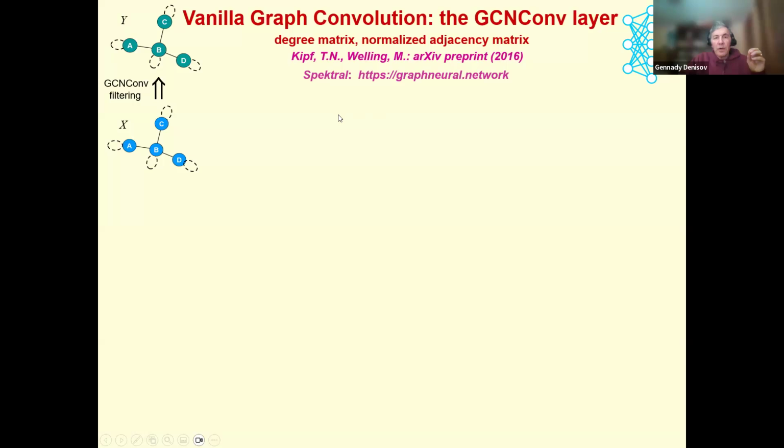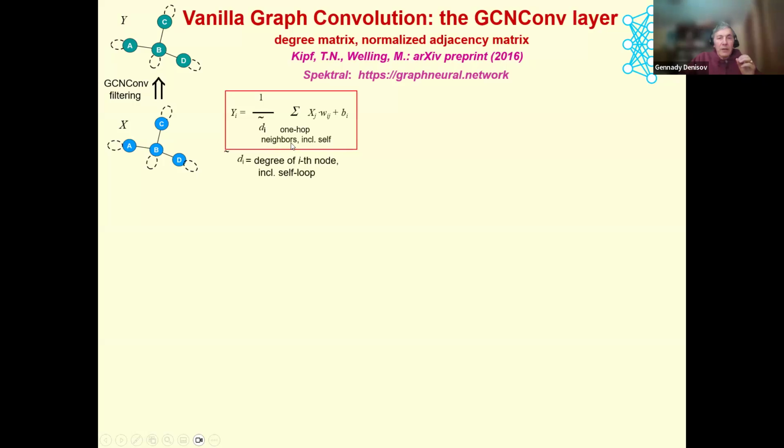I will discuss these details using this very simple graph, with input graph X and output graph Y. As we discussed previously, the new updated value of the feature of a given node will be a weighted sum of values of the one-hop neighbors with some bias. The difference of this slide from the previous one is that we now take into account self-loops.